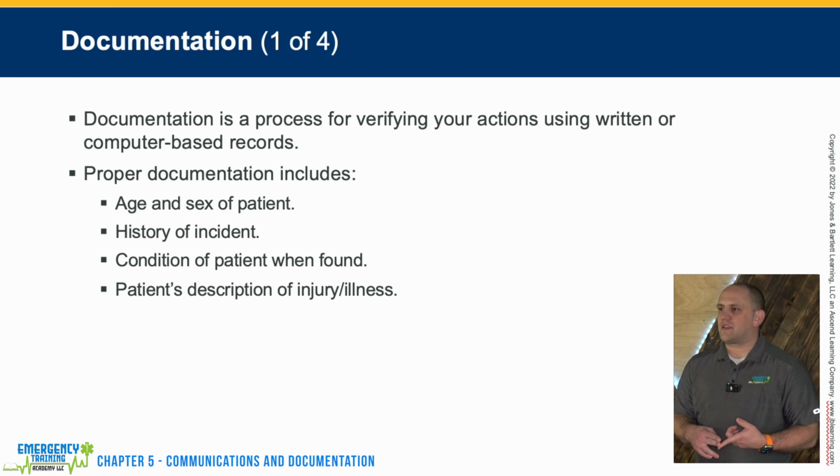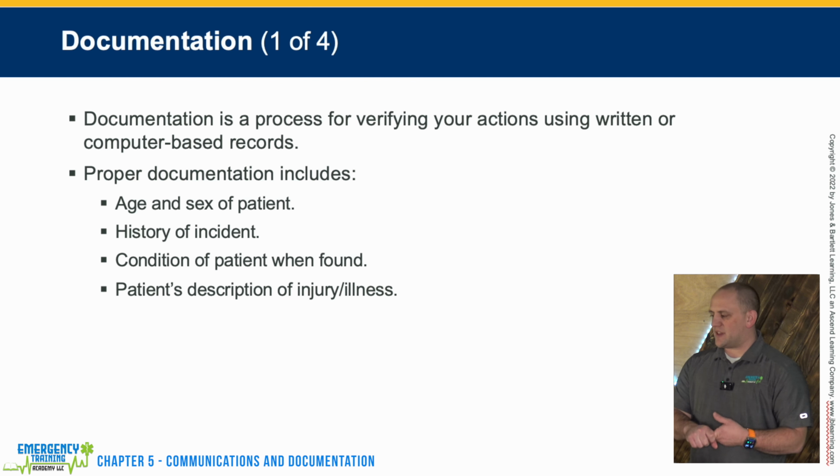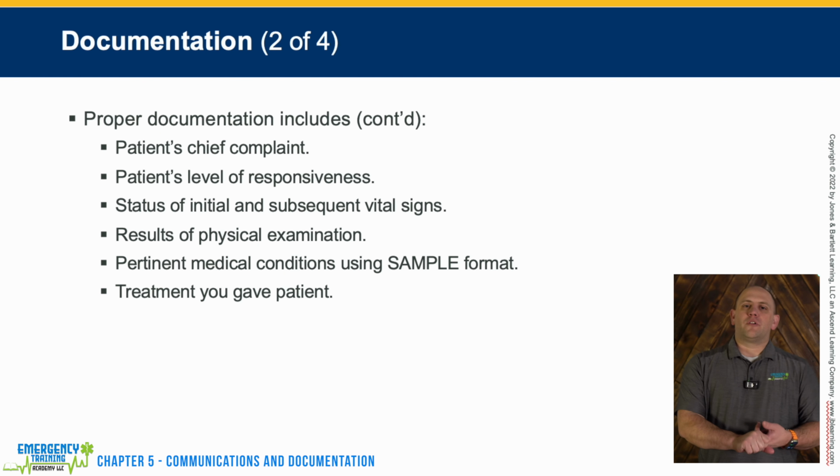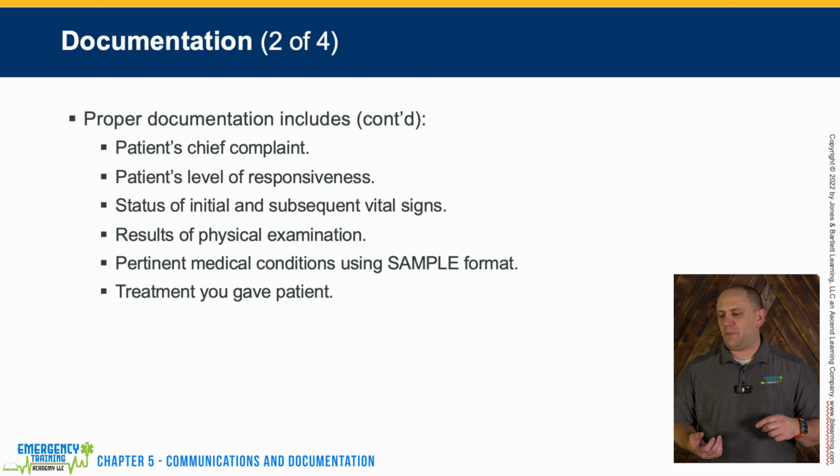So what caused them to call you today, and when you got there, what did you see? How was the patient? What did the patient tell you? You're also going to want to document the chief complaint of the patient, their level of responsiveness, your vital signs, and we're going to go through our sample format, and any treatments that we provided for the patient.